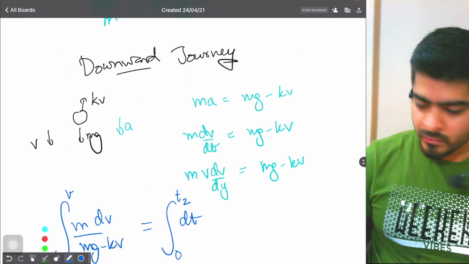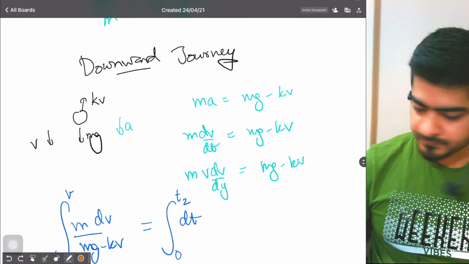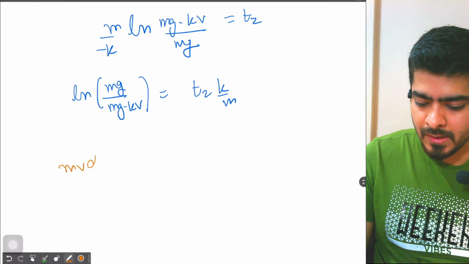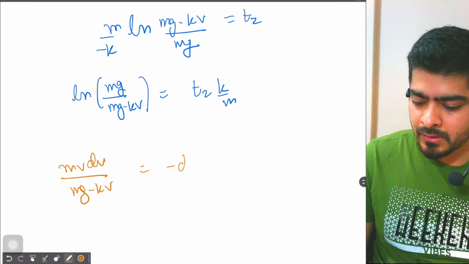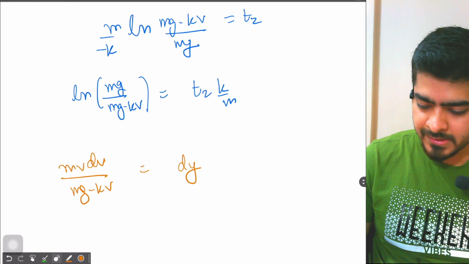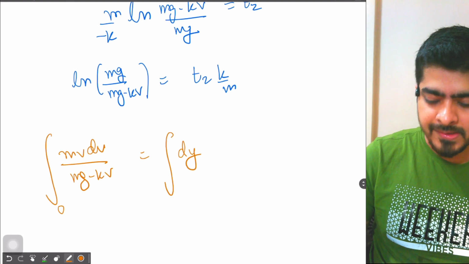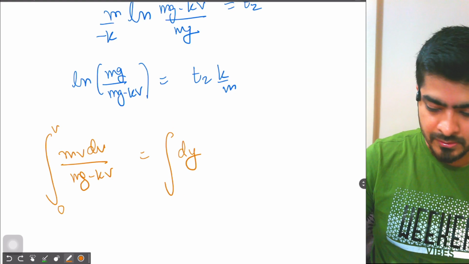Then we do the integration of this equation, and we will get mv dv divided by (mg minus kv) equal to dy. Now we integrate. Here we have limits 0 to v, and here limits 0 to h.